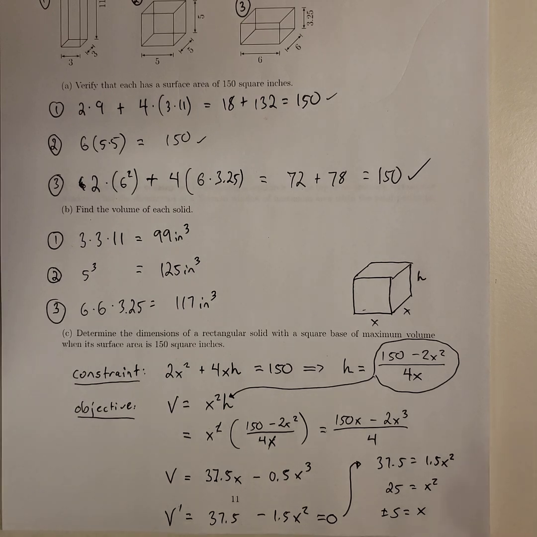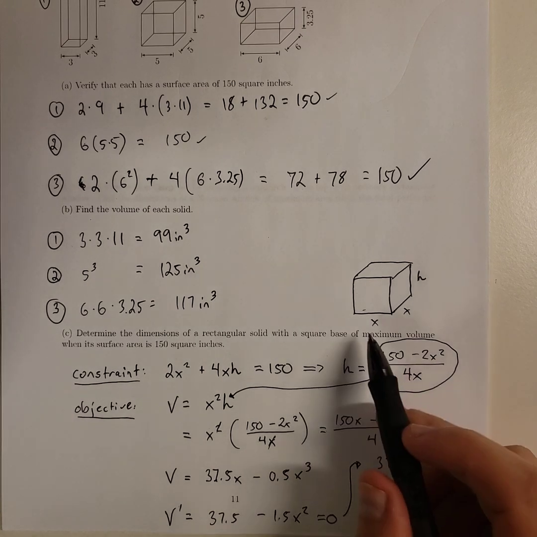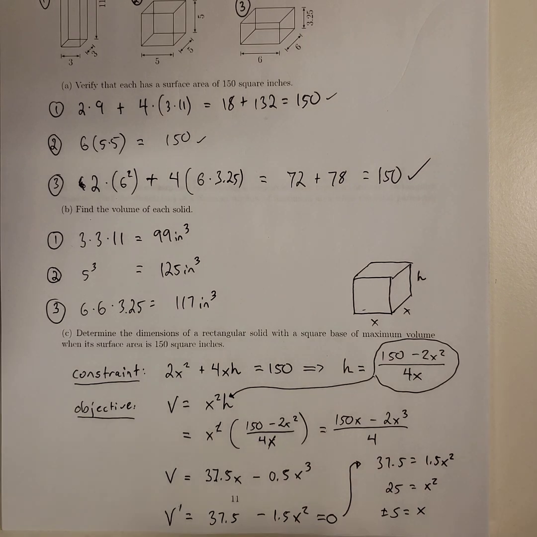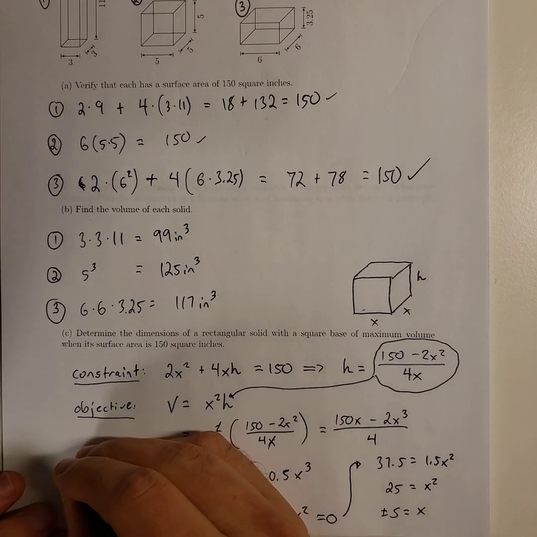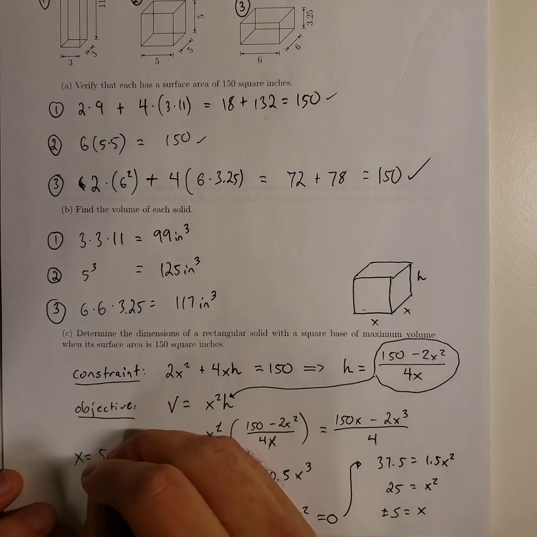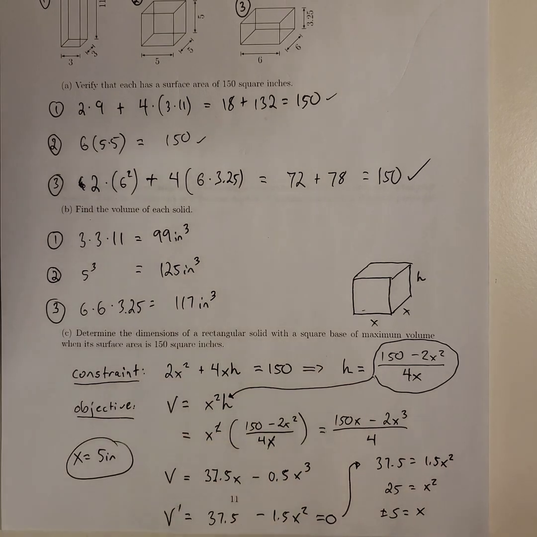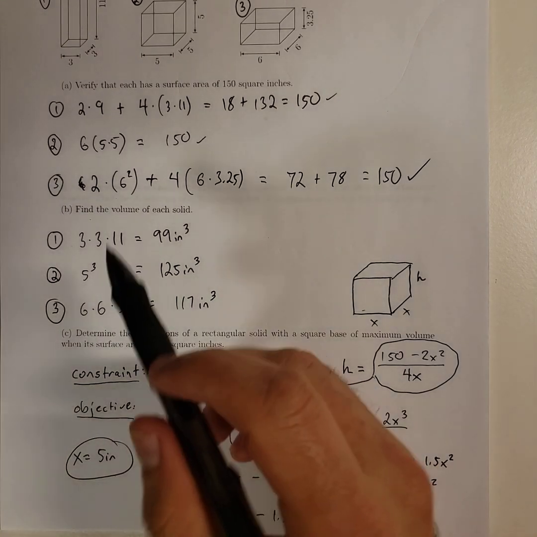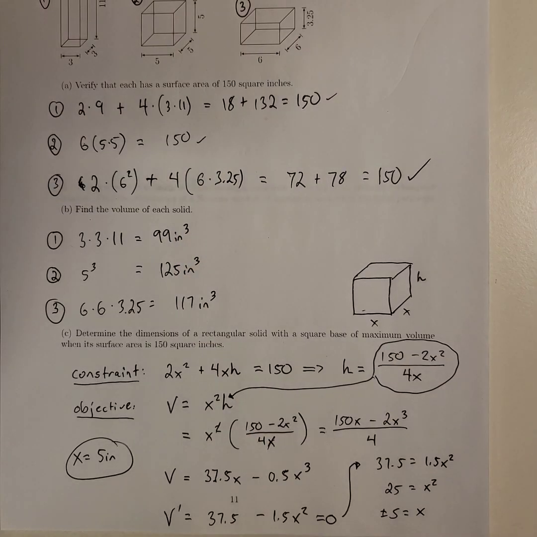Now, clearly minus 5 doesn't make sense here because x is a dimension. So positive 5 is the only one that makes sense. And it does turn out that that's going to be the maximum. So x needs to be 5 inches. Well, we can already see from our example that it's going to be the cube.